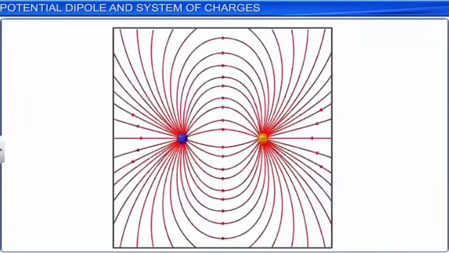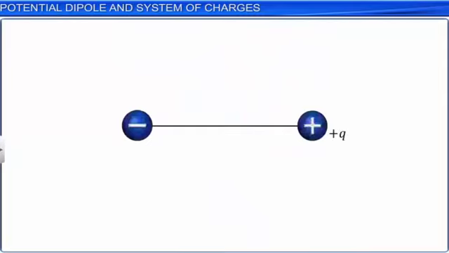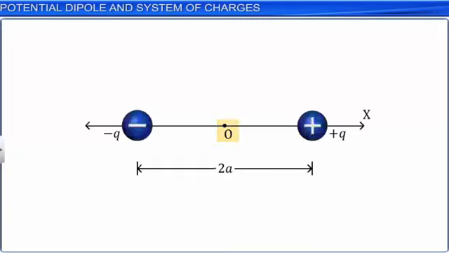Consider an electric dipole consisting of charges +Q and -Q, separated by a small distance 2a, with its axis placed along the x-axis and the midpoint of the axis of the dipole at the origin.